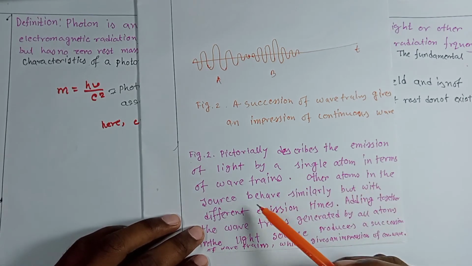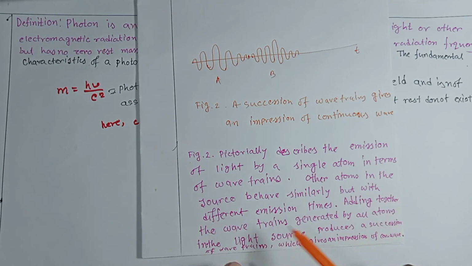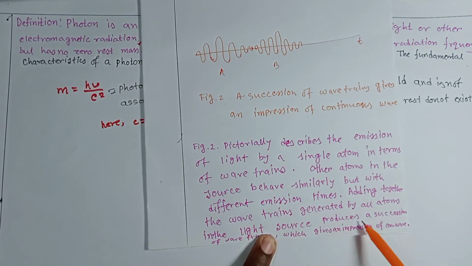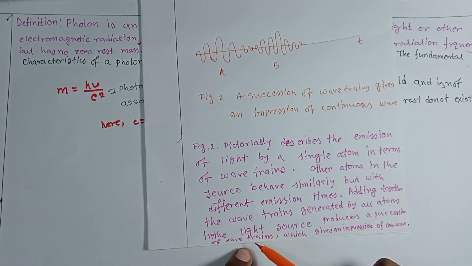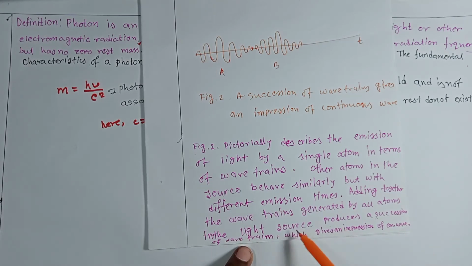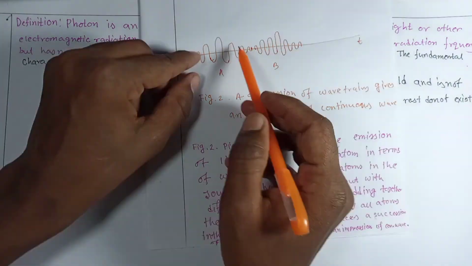Adding together the wave trains generated by all atoms in the light source produces a succession of wave trains which gives an impression of continuous wave.